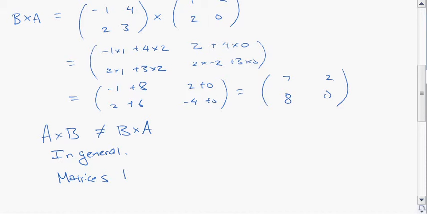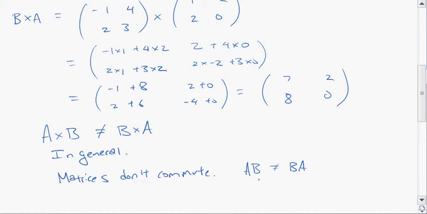What this really means is that A times B is not the same thing as B times A. So we can't just switch the order around and get the same thing. So matrices don't commute, in general.